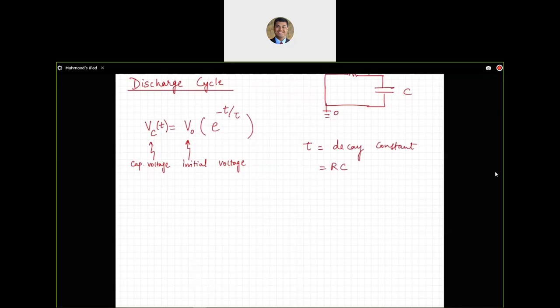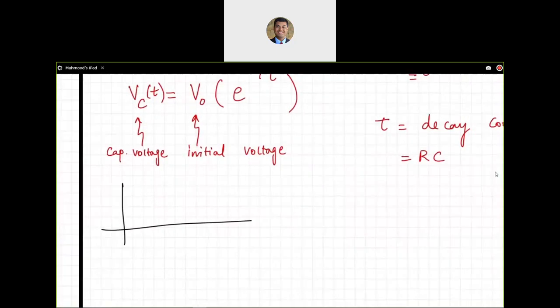How does it look? Let's do an interesting exercise here. This is t, this is the voltage across the capacitor. In red, I will assume that the input was 0, went up there, and then I removed that input voltage.